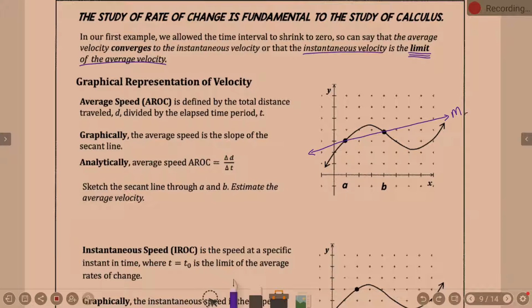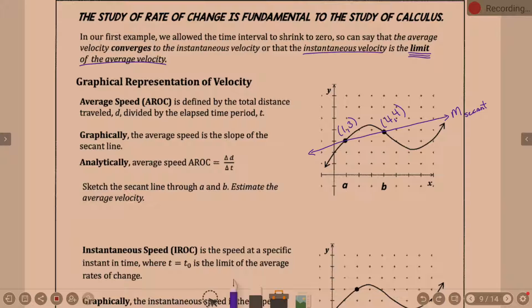So if we find the slope of the secant line, we are finding the average speed. What are the points that A and B are at? A is at 1, 3, and B is at the point 4, 4.